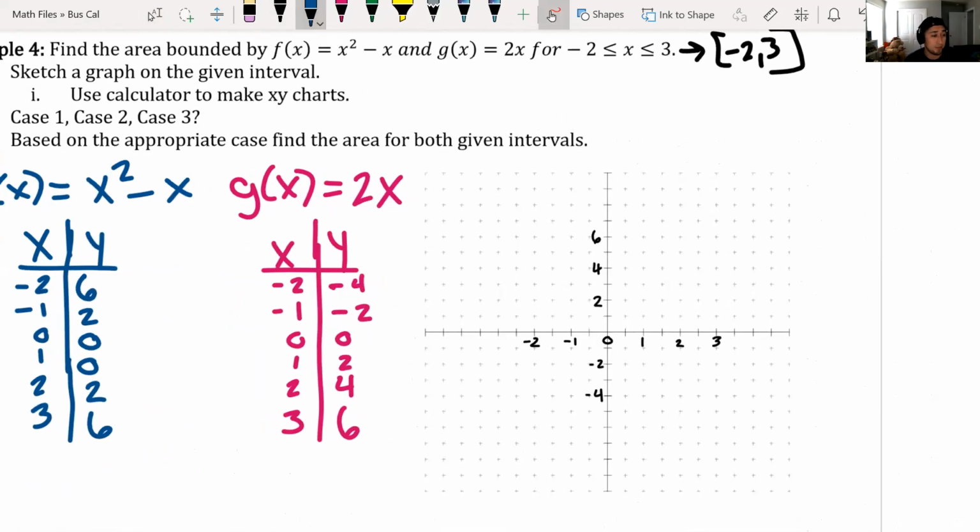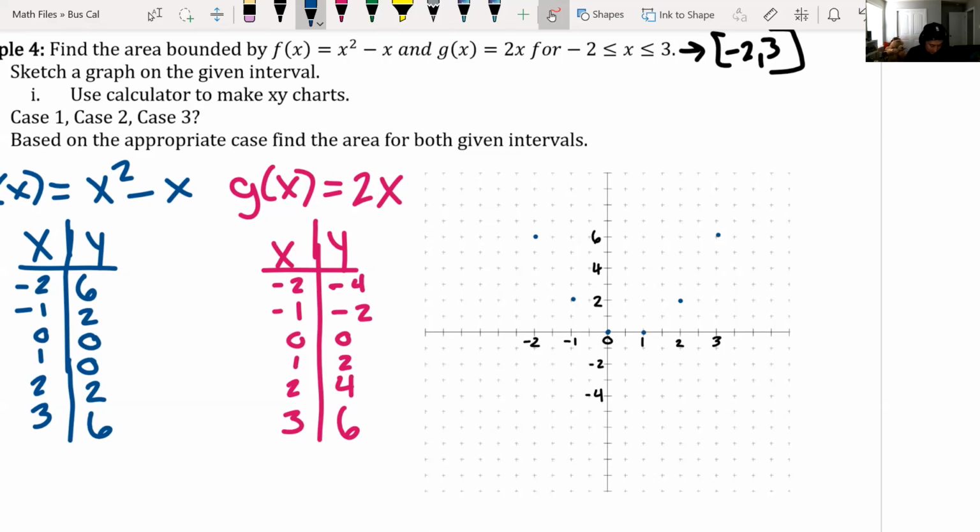So first up is f of x: -2, 6; -1, 2; 0, 0; 1, 0; 2, 2; and 3, 6. There we go.